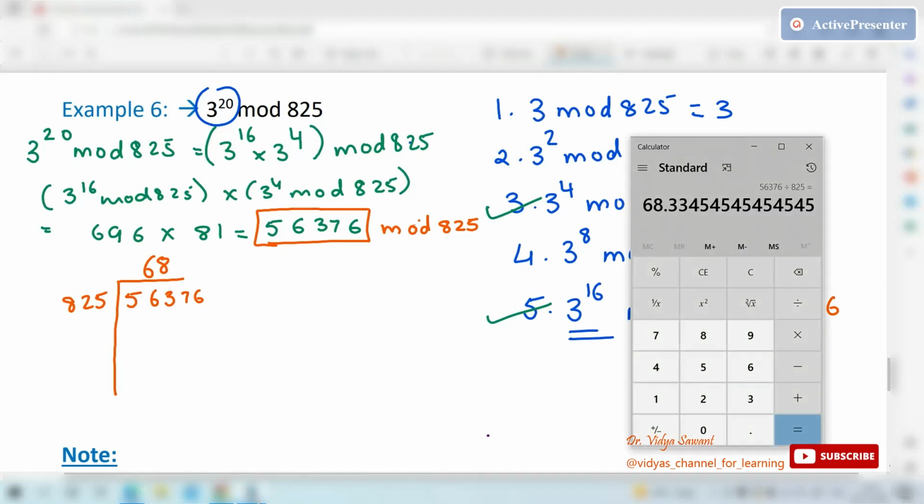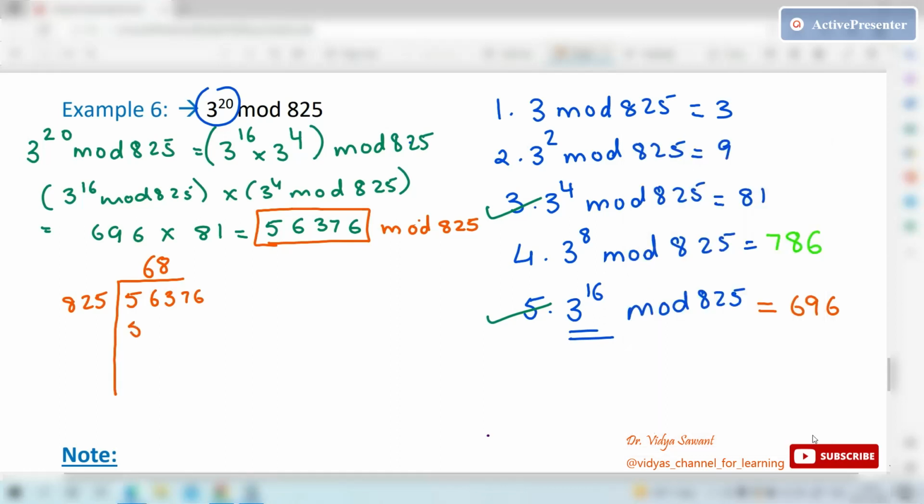But I don't know how much is 68 into 825. So I do the computation of 68 into 825, and the answer that I got is 56100. So I write down here 56100 and check how much is the remainder.